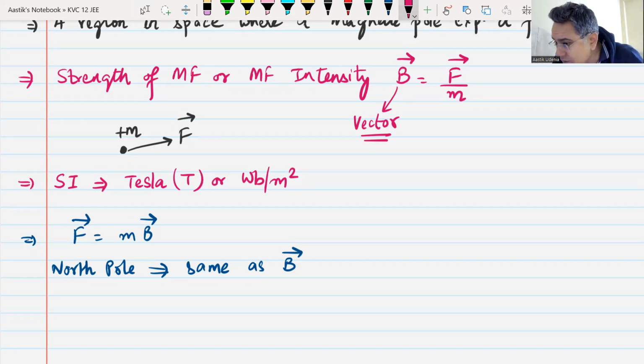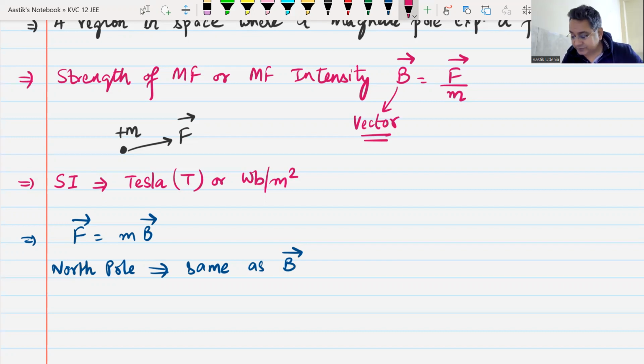Electric field starts from a positive charge and ends on a negative charge.